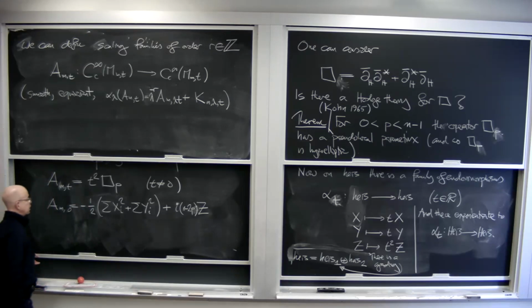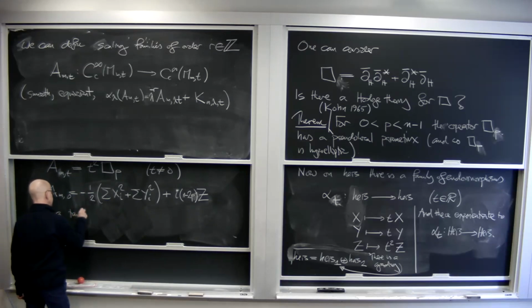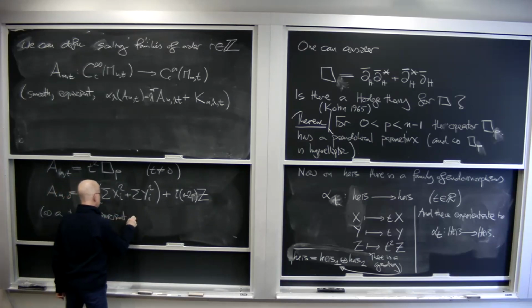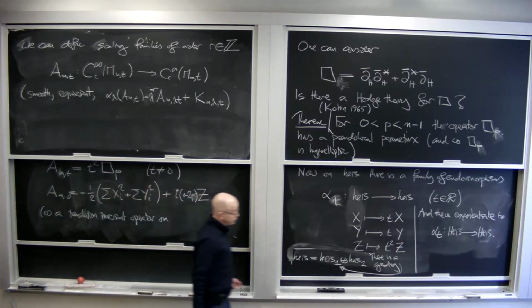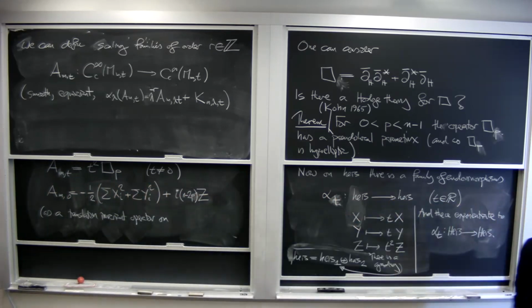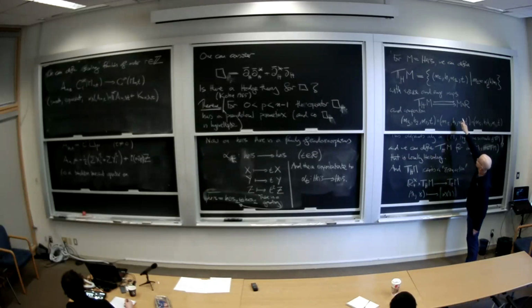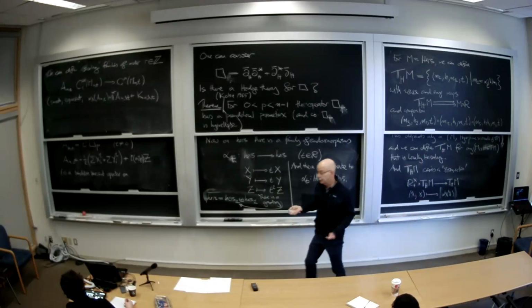So what's going on here? What's going on is that this thing here is a translation invariant operator on the fibers that you get at t equal to 0, which I wasn't very explicit about. The fibers of the groupoid when t is equal to 0, here's the composition law, and we have the source and range maps. Well, I described what they were. The fibers are just copies of the Heisenberg group.